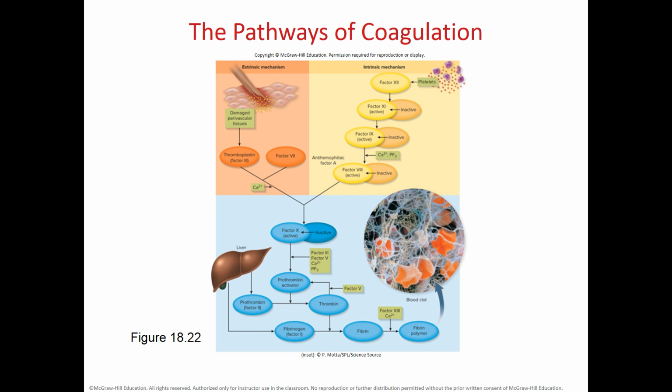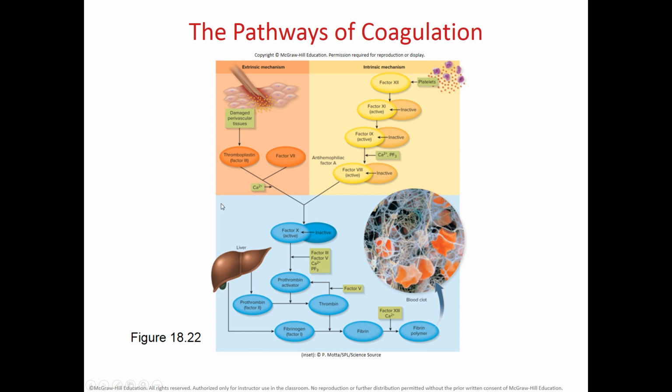They're going to trap red blood cells, white blood cells, calcium ions, and then you have the formation of a strong blood clot. So the intrinsic mechanism of coagulation is activated by the platelets, while the extrinsic mechanism by an injury.